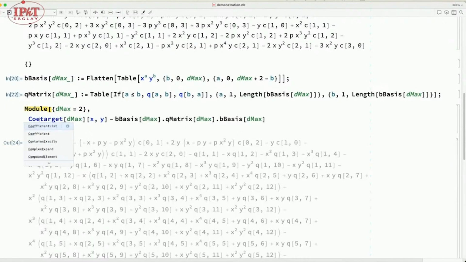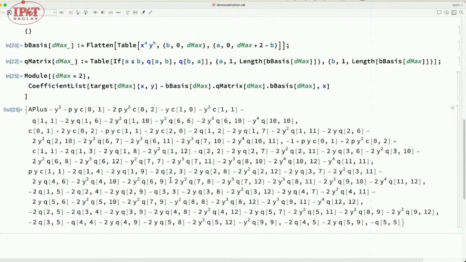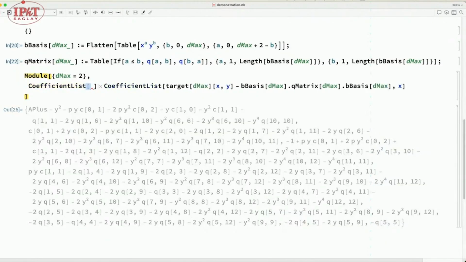So we are going to do a coefficient list with respect to x. Now this is a list whose entries are the coefficients of x of this big polynomial, so they are themselves polynomials in y. For each entry of this list, we want to extract all the coefficients of y. Maybe there's a quicker way to do it.